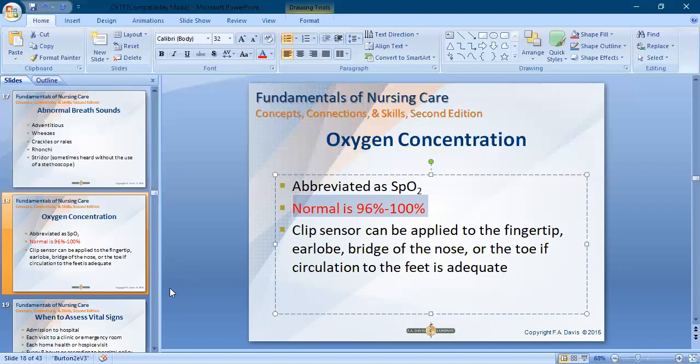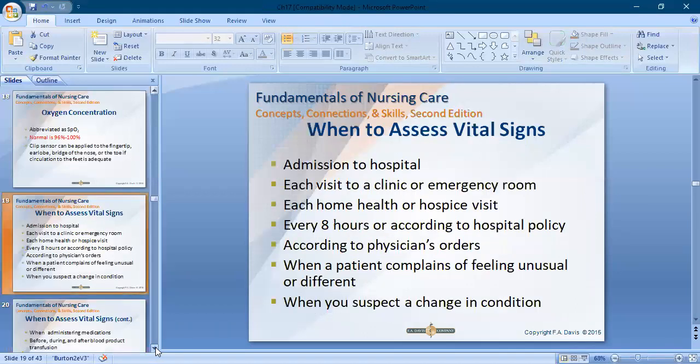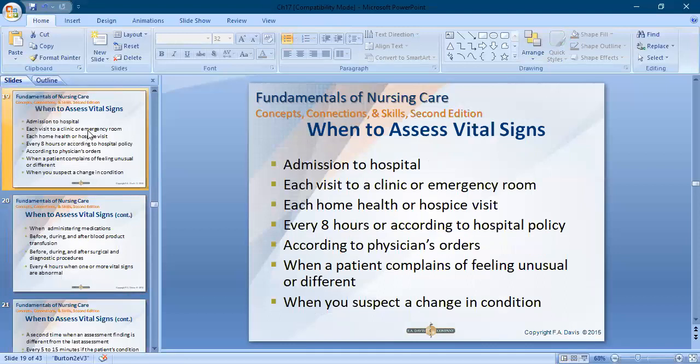Okay, so go next. This is about when to assess the vital signs, at what time we have to check them. We have to check during the admission to the hospital, or each visit to a clinic or emergency room. So when anybody goes to the hospital for admission the first time, the LPN or RN has to take the vital signs.